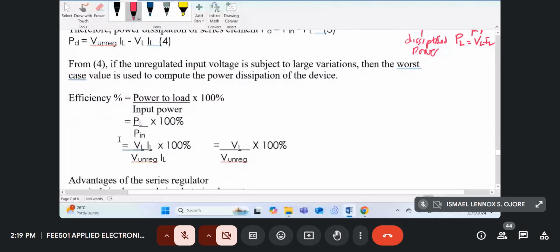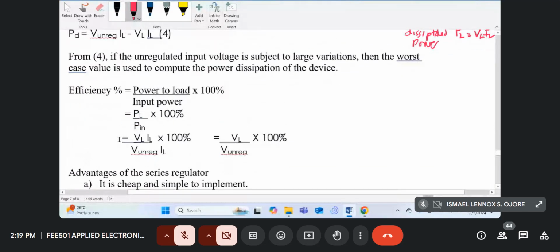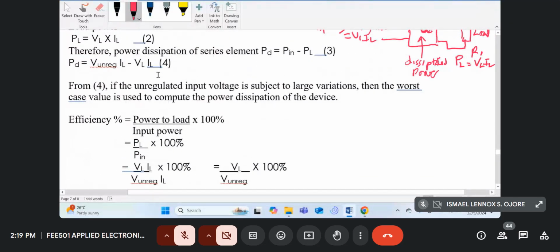Now I've said here that from this last equation, equation 4, if the unregulated input voltage is subject to large variations, then the worst case is used to compute the power dissipation of the devices.